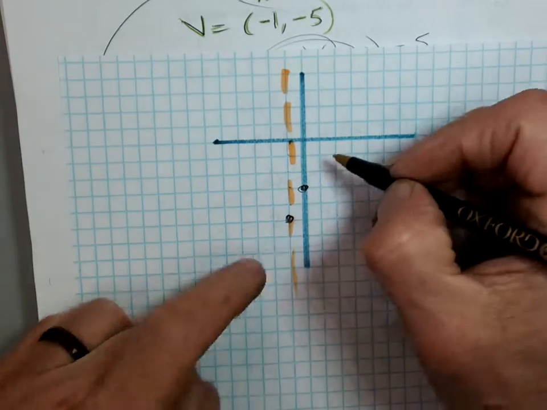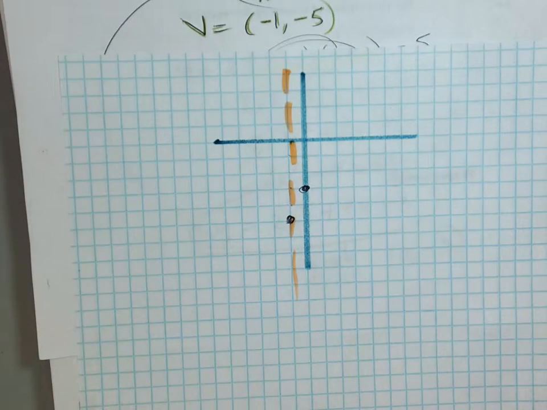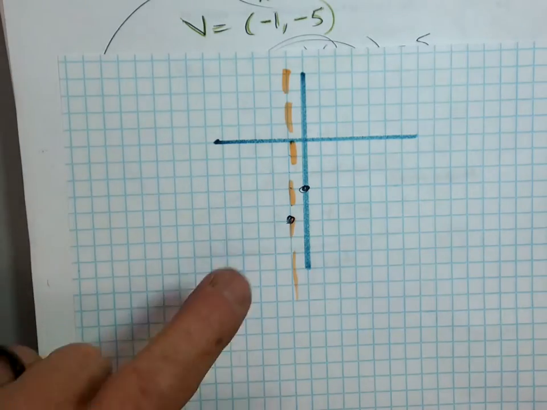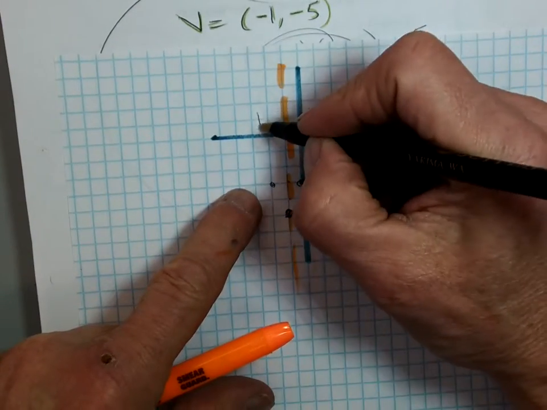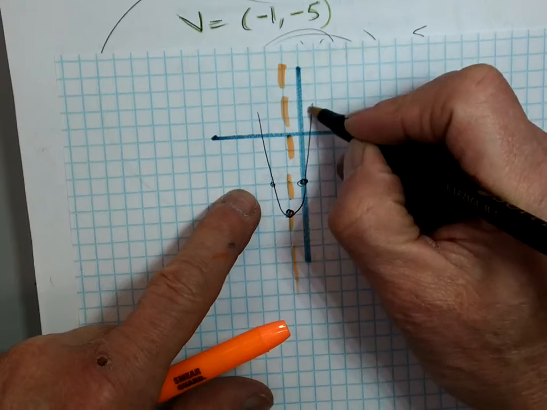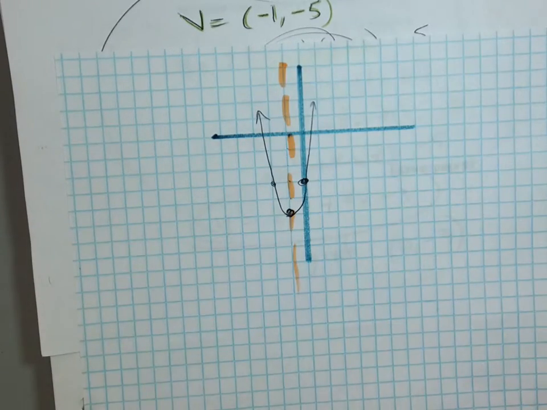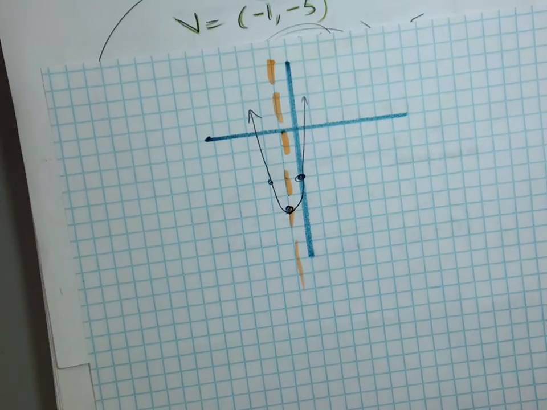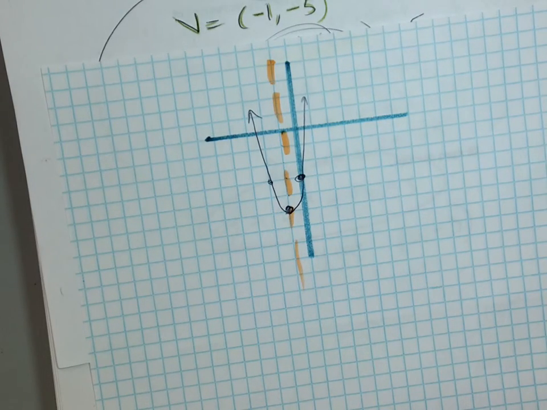I need a third point. Where's my third point? Reflection. Yep, right there. We agree. Third point right there. And we got enough, right? If we wanted to get the other points, we could do it, but we're not going to do it. How's that? That's my graph. Okay, that's all I have for you.